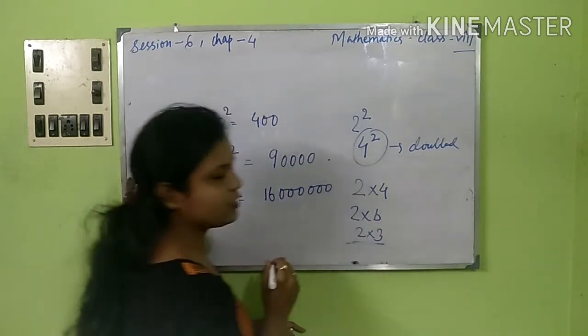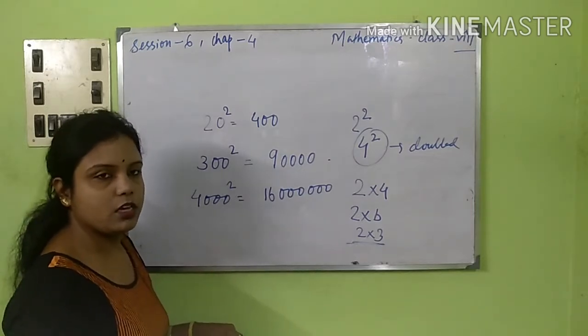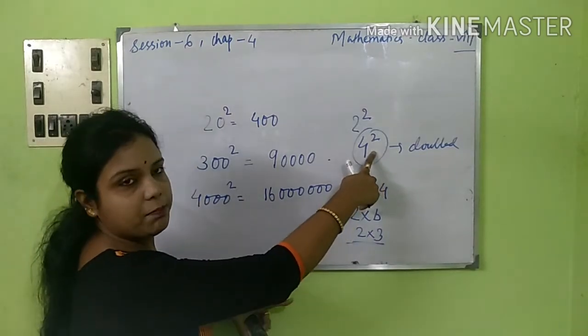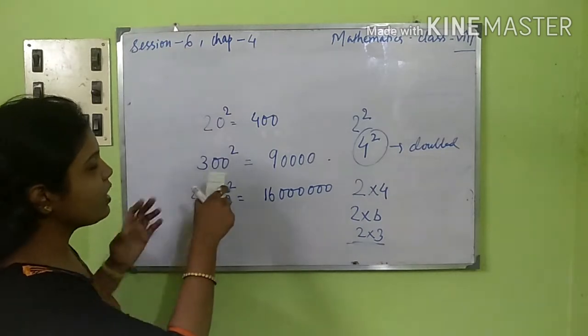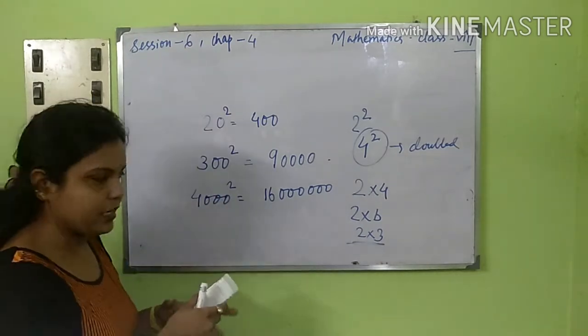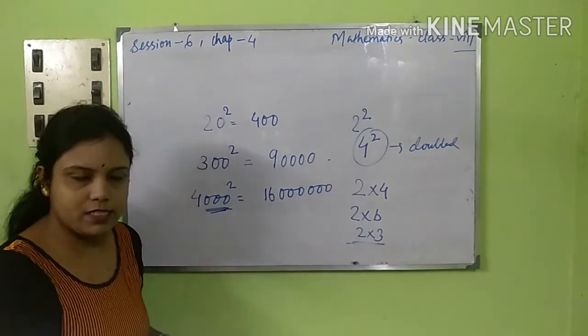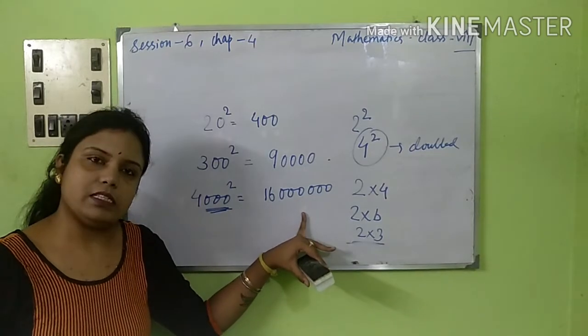This is twice the number, that means 2 is multiplied with the particular digit. But whenever it is doubled, that means the same number is multiplied with itself, meaning squaring. Here also we are doing the squaring obviously, but for the zeros it gets twice the number of zeros in the square results.